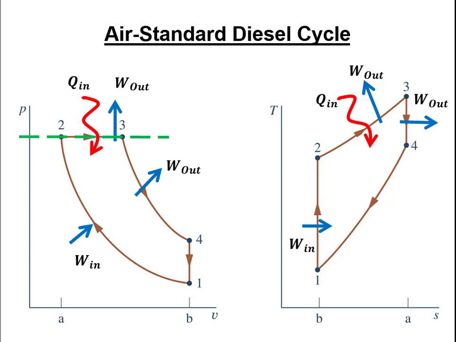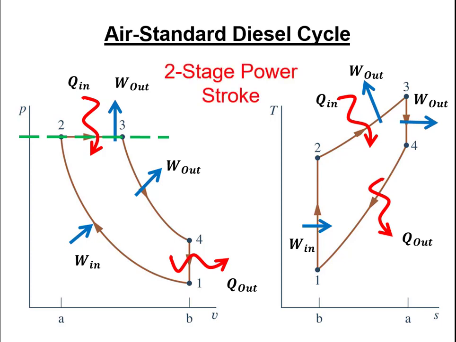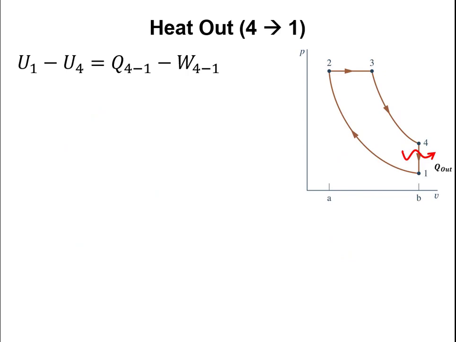If you look from state 2 to state 4, there are two processes where we're generating work, so sometimes diesel cycles are described as having a two-stage power stroke. Then when we go from state 4 to state 1, we're again exhausting heat to the environment.